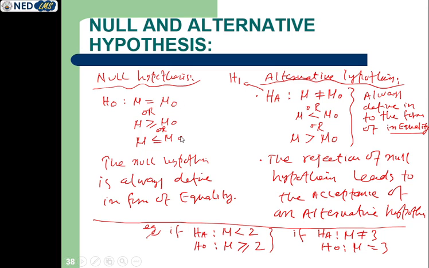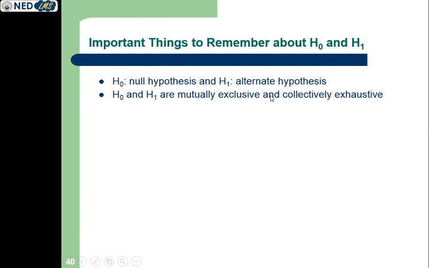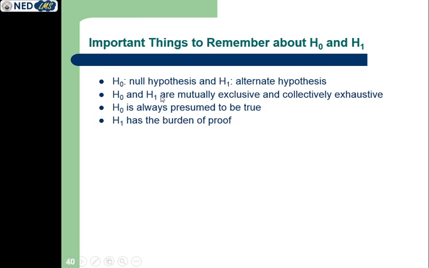All sample points included in the null hypothesis are not in the alternative hypothesis. Here you remember what mutually exclusive events are: the intersection between those sets is equal to the null set. So the null and alternative hypotheses are mutually exclusive events because they have no common intersection.